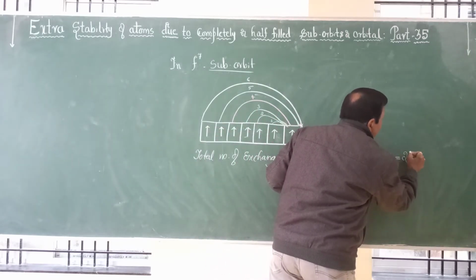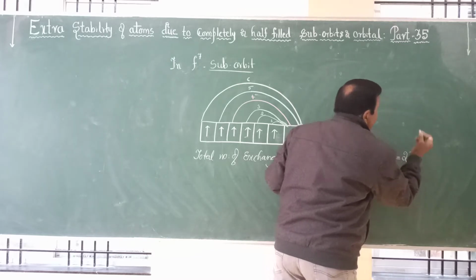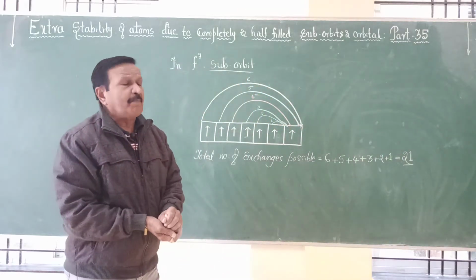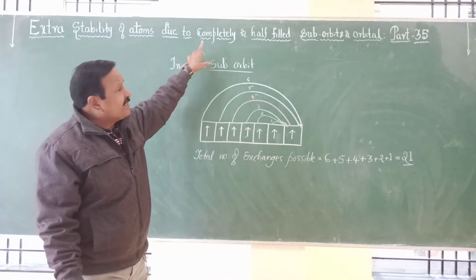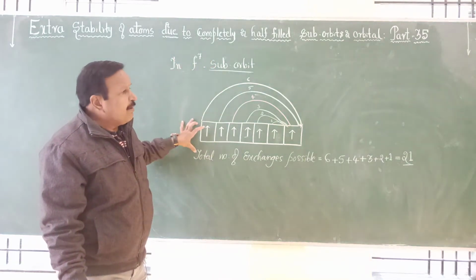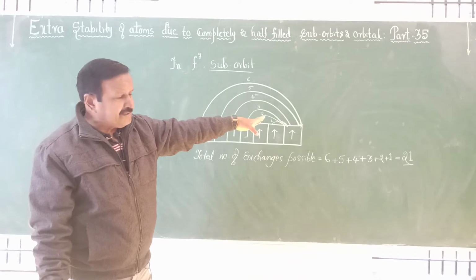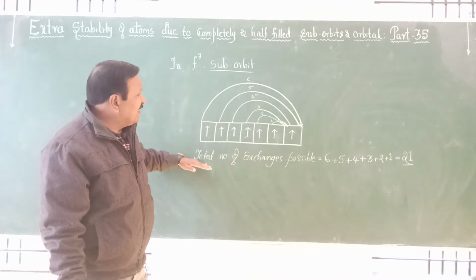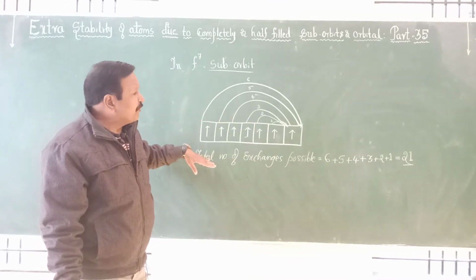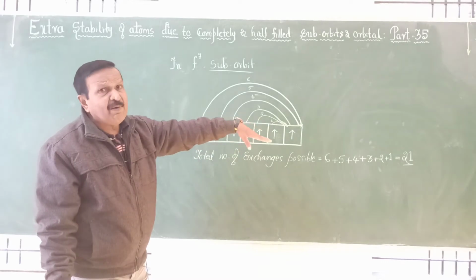That means more than double compared to the d orbital. In case of d5, you can have only 10 exchange positions, but in this case the number of exchanges possible are 21.